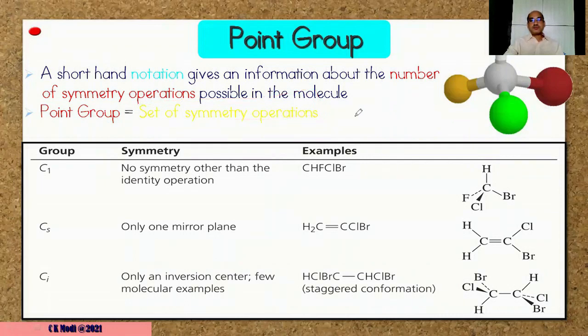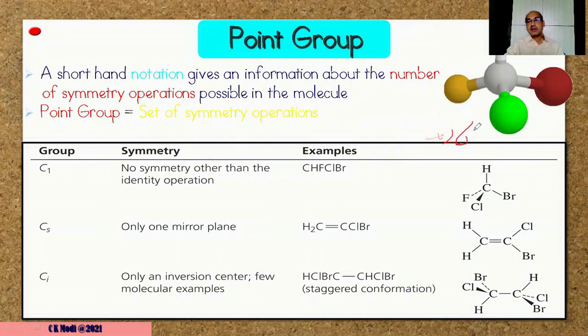So for example, the water molecule. In the water molecule, how many symmetry operations are present in total? We can say that C2 is present, 2 sigma V planes are also present, and identity is present. So we have E plus C2 plus 2 sigma V planes.